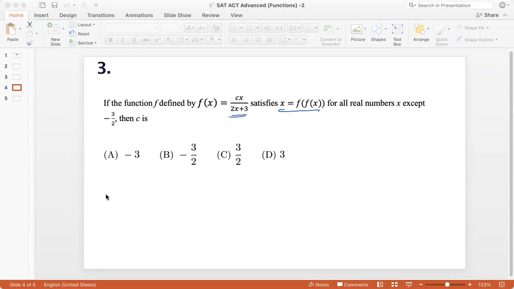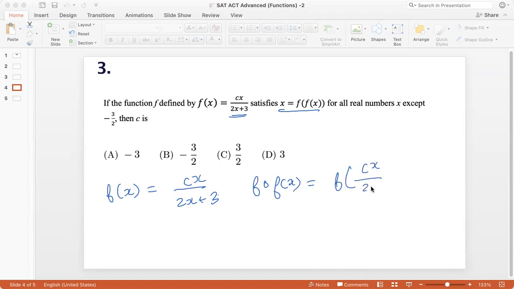Okay, so f(x) is cx/(2x+3). So f(f(x)) would be f(cx/(2x+3)). Now, what would be f(cx/(2x+3))?